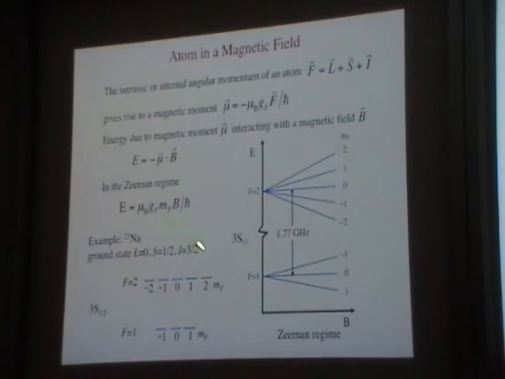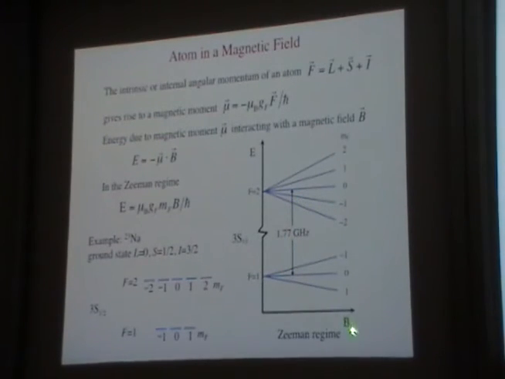The m equals 0 state, if you look at this equation, has no shift in the Zeeman regime due to interaction with the magnetic field. And the -1 state goes up. Up here you find the opposite: m equals +2 has twice the interaction energy compared to +1, so it rises twice as fast.